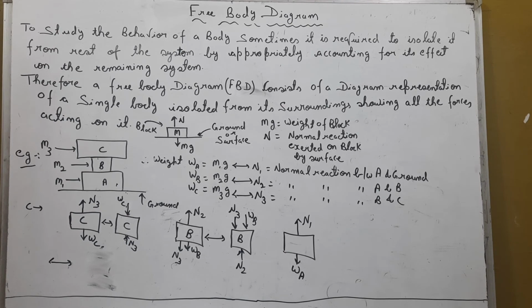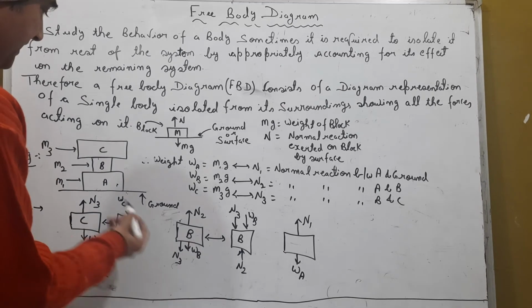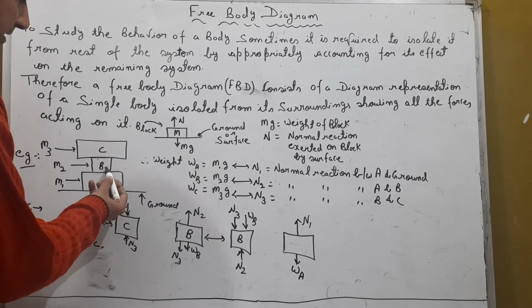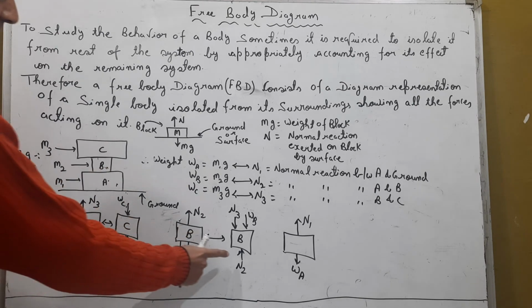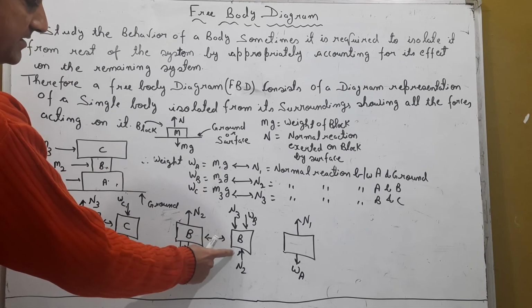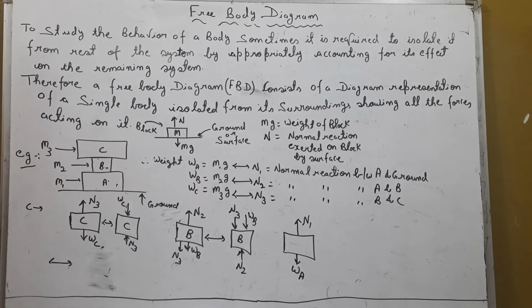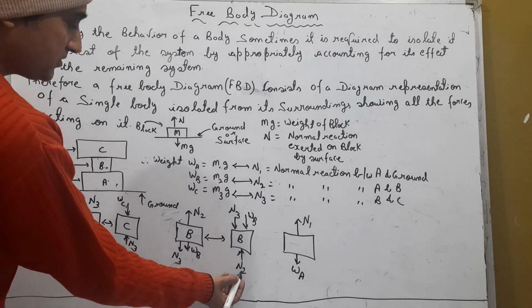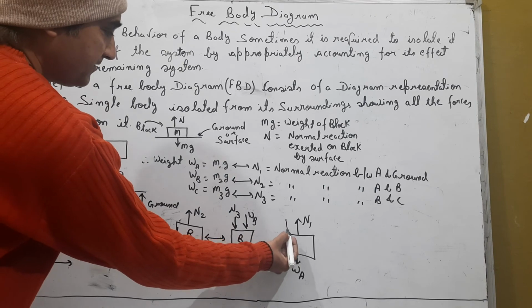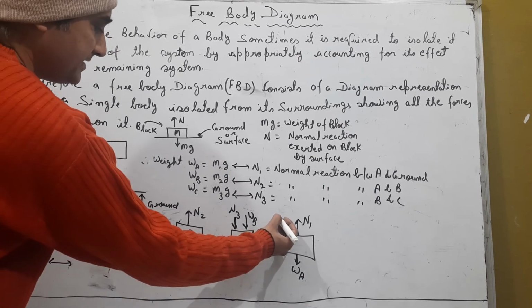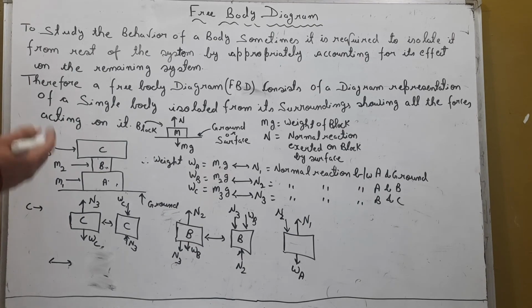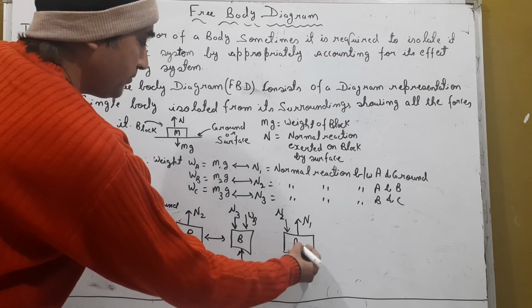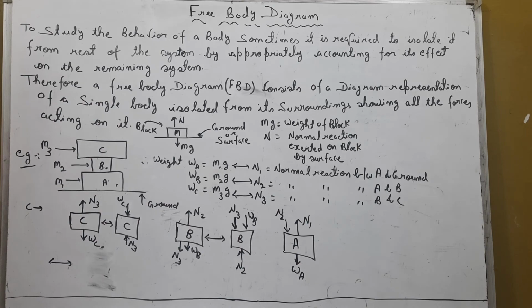And B and A make a system over here. If there is an N2 force working on B upwards, then according to the action-reaction law, there is one more force working on A, which will be downwards, that is N2 also. So this is the free body diagram of A.